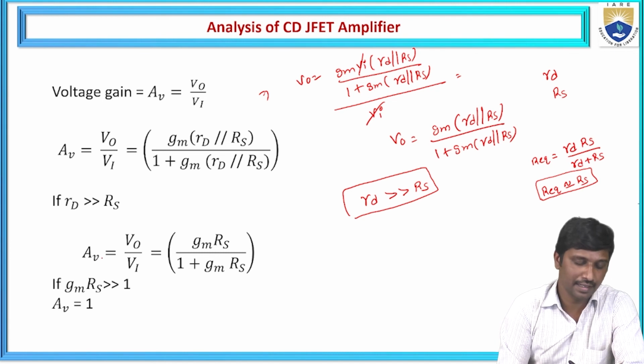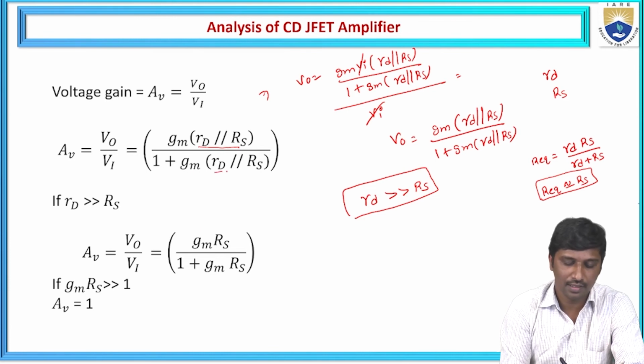So the voltage gain AV is represented as V naught by Vi. Under this parallel combination, when Rd is much greater than Rs, it is equal to Rs, so simply I will represent it as Gm times Rs by 1 plus Gm times R equivalent, and this R equivalent is approximately equal to the source resistance when Rd is much greater than Rs.